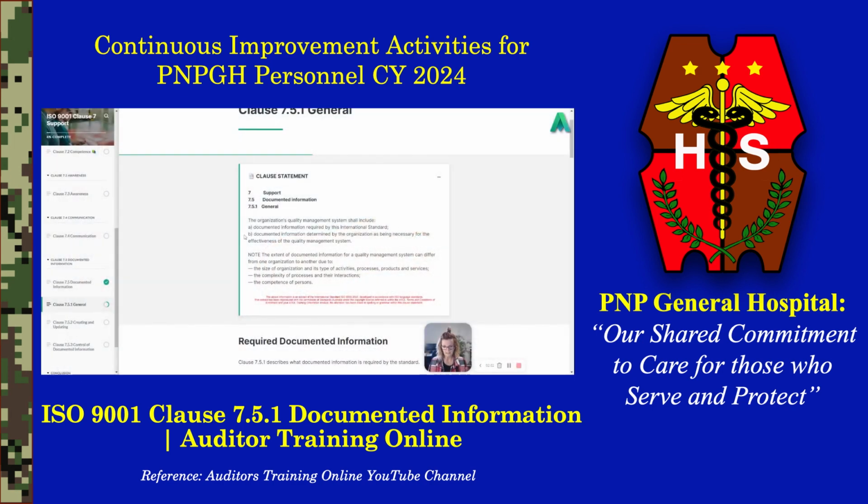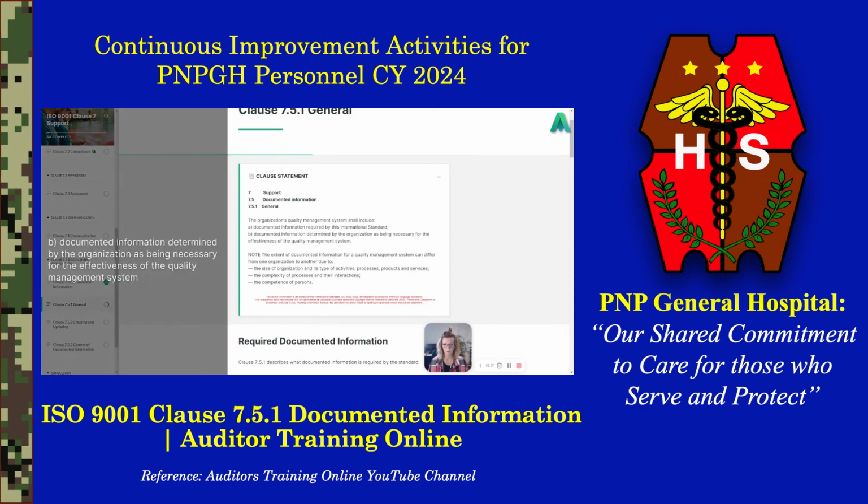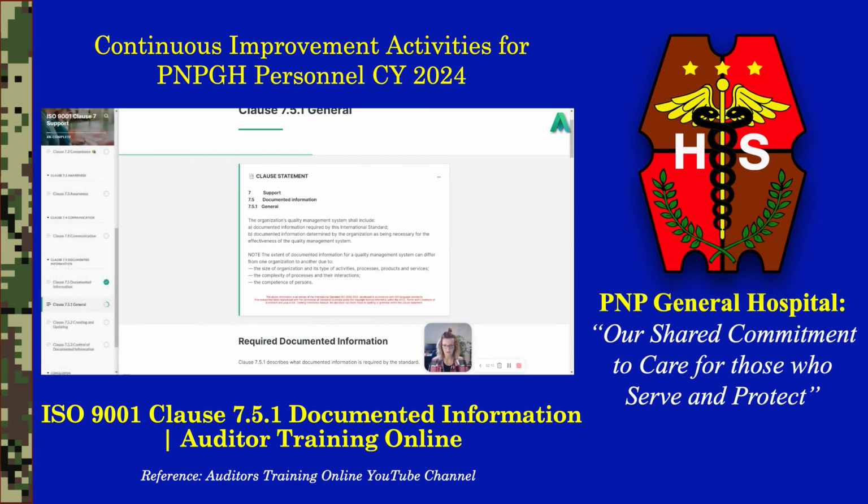Now it goes on to B, where it says documented information determined by the organisation as being necessary for the effectiveness of the quality management system. I'll say it again, emphasising different words. Documented information determined by the organisation as being necessary for the effectiveness of the quality management system.